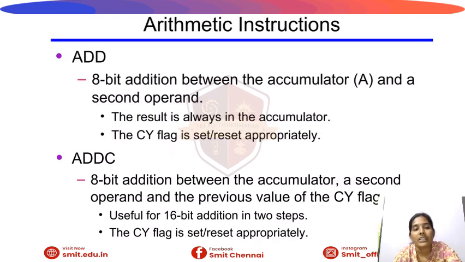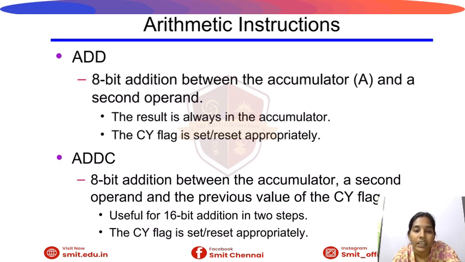First, arithmetic instructions. There are several arithmetic instructions in the 8051 microcontroller. First one is the addition operation. ADD is the instruction used for addition. In ADD, the accumulator and the second operand are added. Next is ADDC.